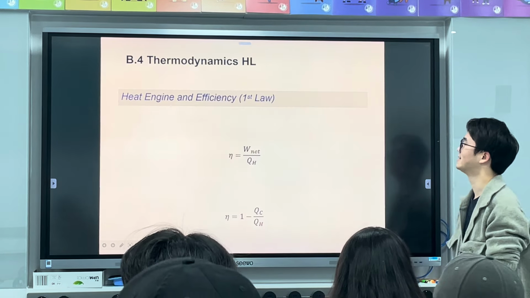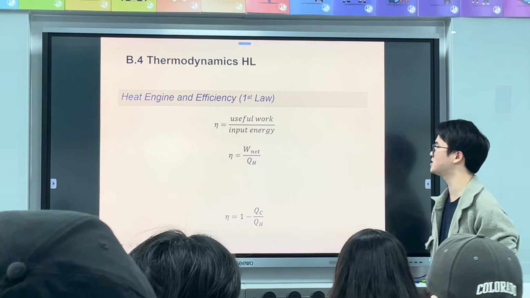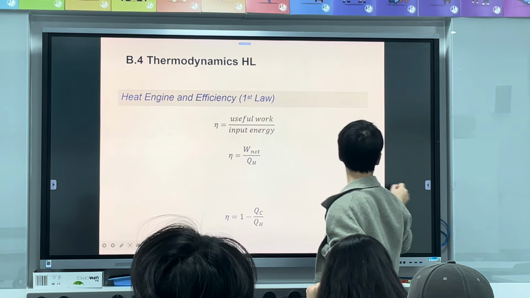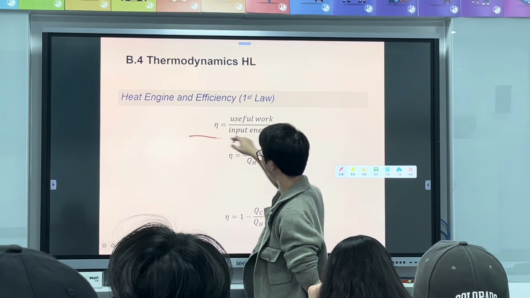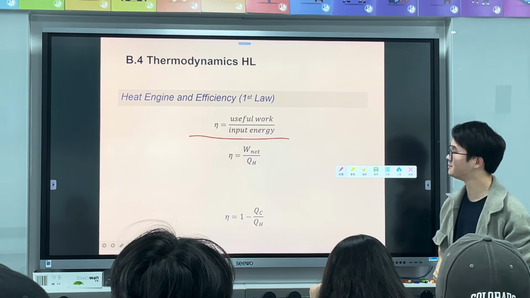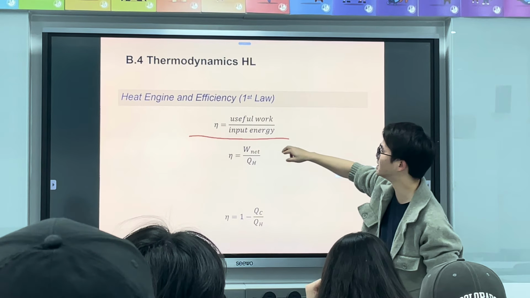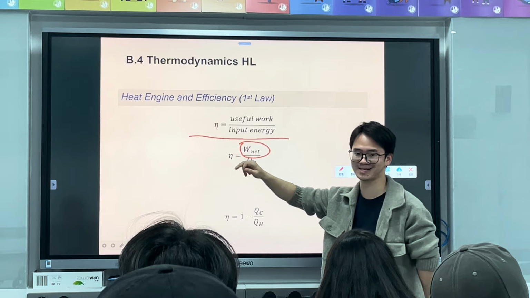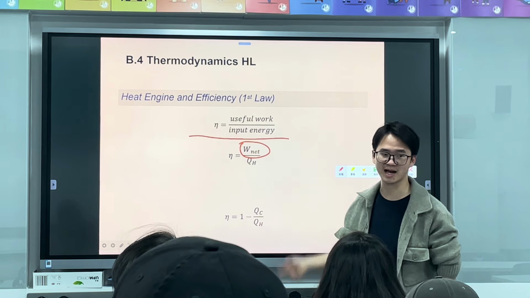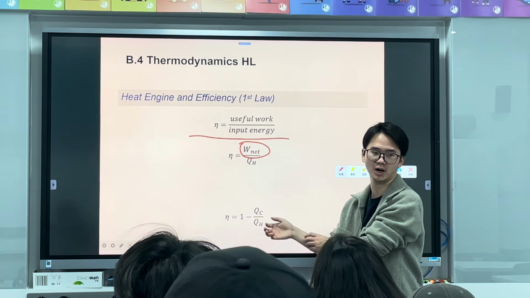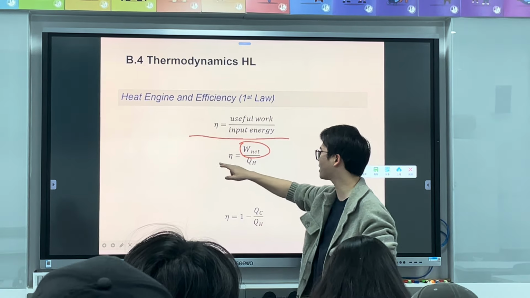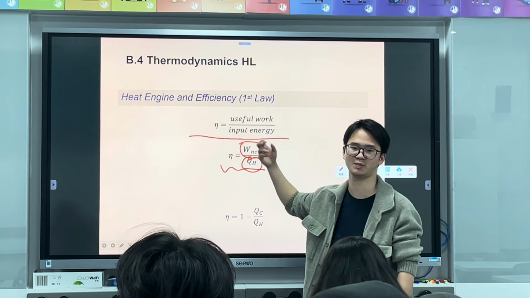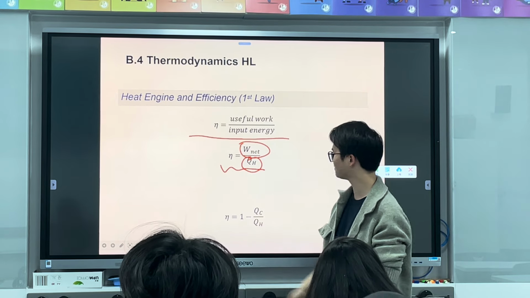Okay. Now, for heat engine efficiency, let's recall the definition that we know from MYP, that efficiency is calculated as useful work output divided by total input, right? In this case, the useful output work is the net work done by the cycle, because you're doing work outward. The total energy input is the amount of energy released by the hot reservoir, which is this.